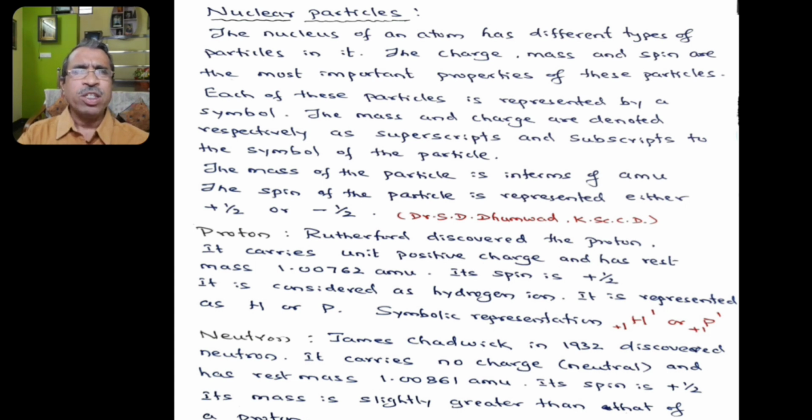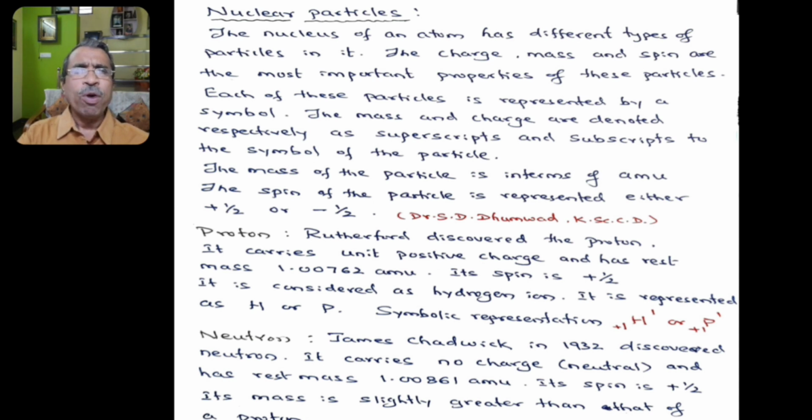Suppose I write helium, we write He 2 4. The 2 signifies the charge and 4 signifies the mass. The mass of the particle is in terms of AMU, that is atomic mass unit. The spin of the particle is represented either as plus half or minus half.